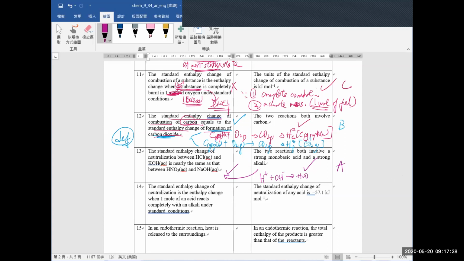The reason is to refer to this, right? Both carry the same ionic equation, with both acid and alkaline completely ionizing or dissociating in water. So no extra energy is needed for the breaking of the bond involved in ionization, right?